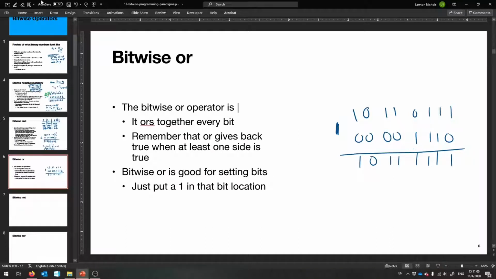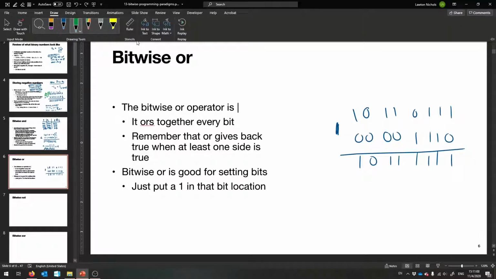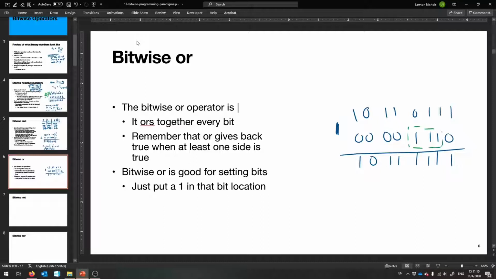Like I want to set those things. So, for example, this sets bits 1 through 3. Because these are 1s, they're guaranteed to always be 1, regardless of what the original thing was. Sometimes it's not a 1 yet. Okay, so that is bitwise OR.